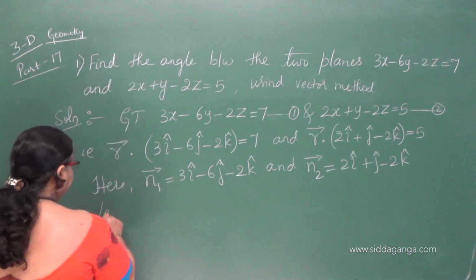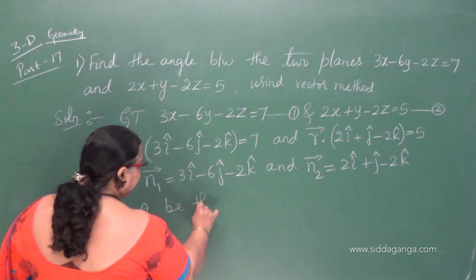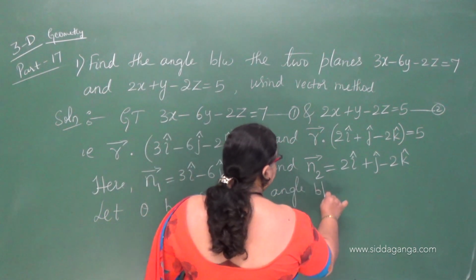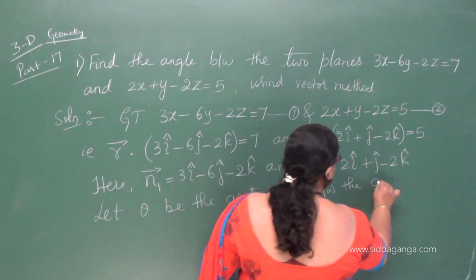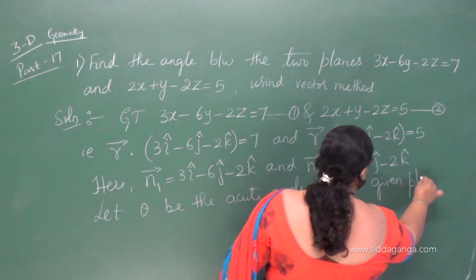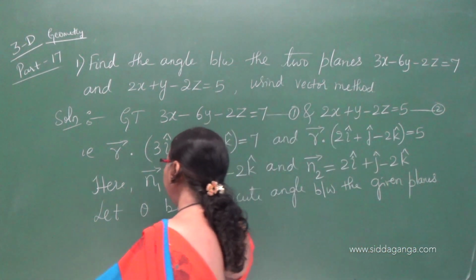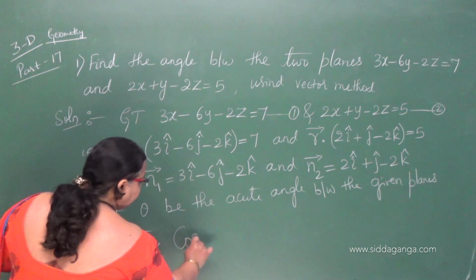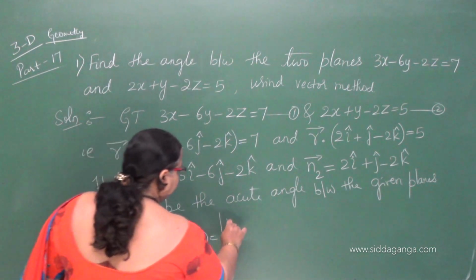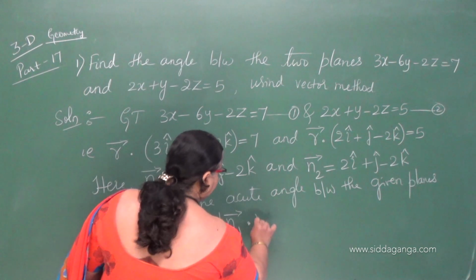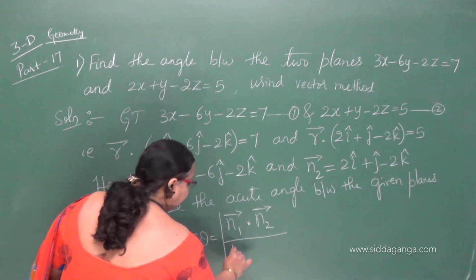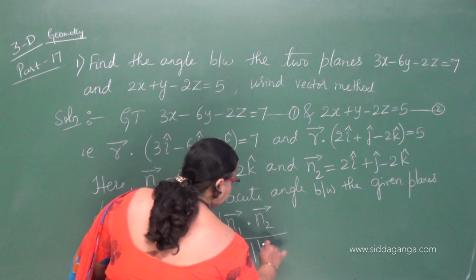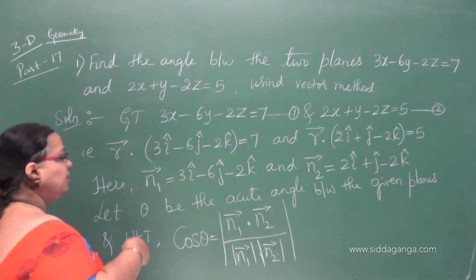Let theta be the acute angle between the given planes, and we know that cos theta equal to modulus of vector n1 dot vector n2 divided by magnitude of n1 vector into magnitude of n2 vector. So this is the formula.